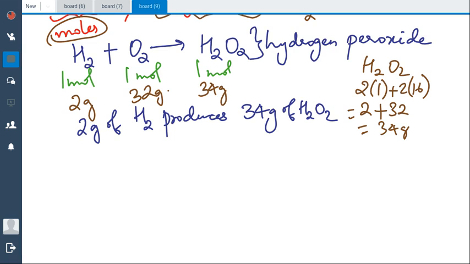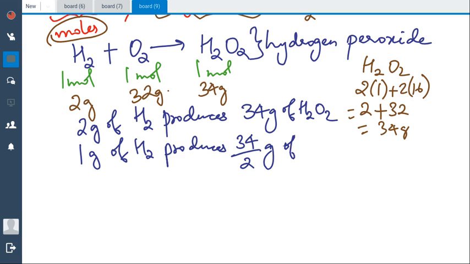Now, how much is given in our question? It's 4 grams. First, we'll write 1 gram of H2 produces 34 by 2 grams of H2O2. According to our question, we need to calculate for 4 grams.